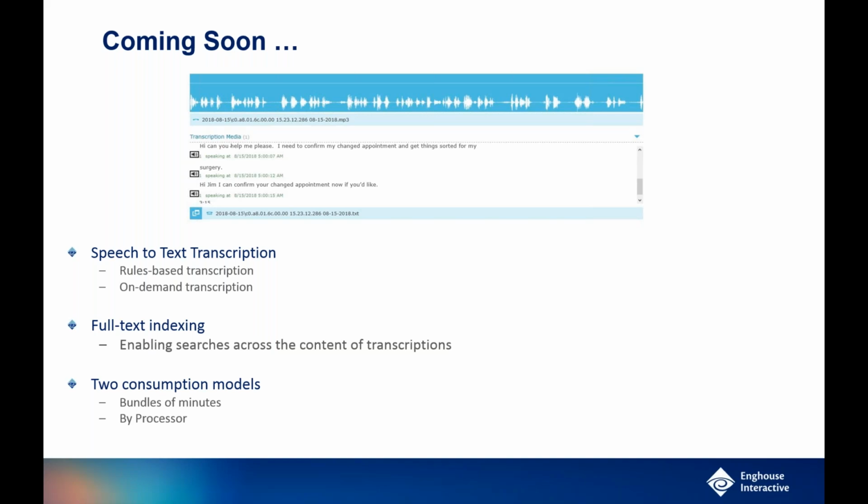But when that's available, that will allow you to take either a selective set of recorded calls or basically all the calls that you want to pass through the engine, pass them through this transcription, and provide indexable text, meaning that you would then be able to search on that text for content. So again, we're amping up the power of being able to identify the interactions that you want to target for quality improvements.